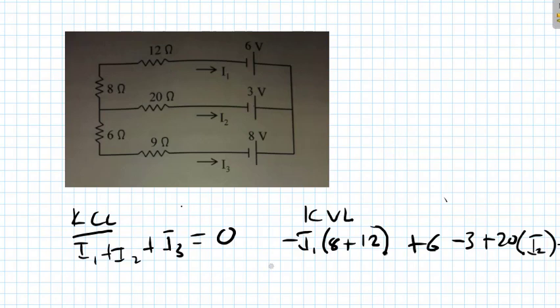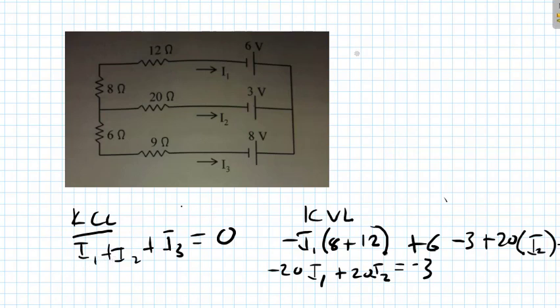So when we simplify there, we get minus 20 I1 plus 20 I2 is equal to 3. That is our equation. We put that equation aside.